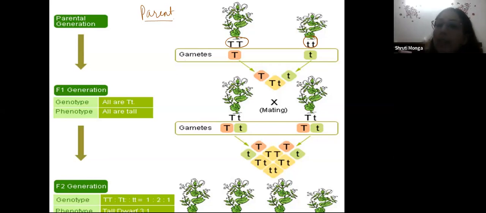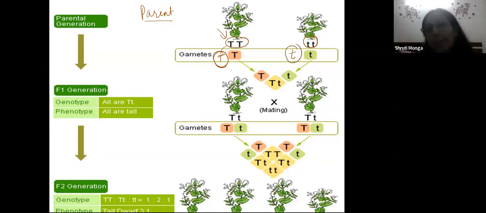I am giving you one advice that whenever you write gametes, please circle them. For example, this is a plant with genotype capital T, capital T. You are taking out a gamete, so one T will come for gamete formation. You circle the gamete like this. Then see the other plant that is short in height with a genotype small t, small t. Take out the gamete, you will take one small t, again circle it.